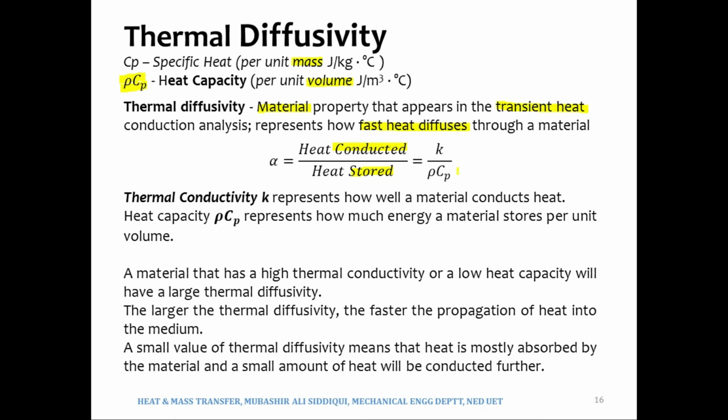Now the amount of energy stored will depend upon its storage capacity, upon its heat capacity, upon its specific heat. So the heat will be stored till a certain period of time.